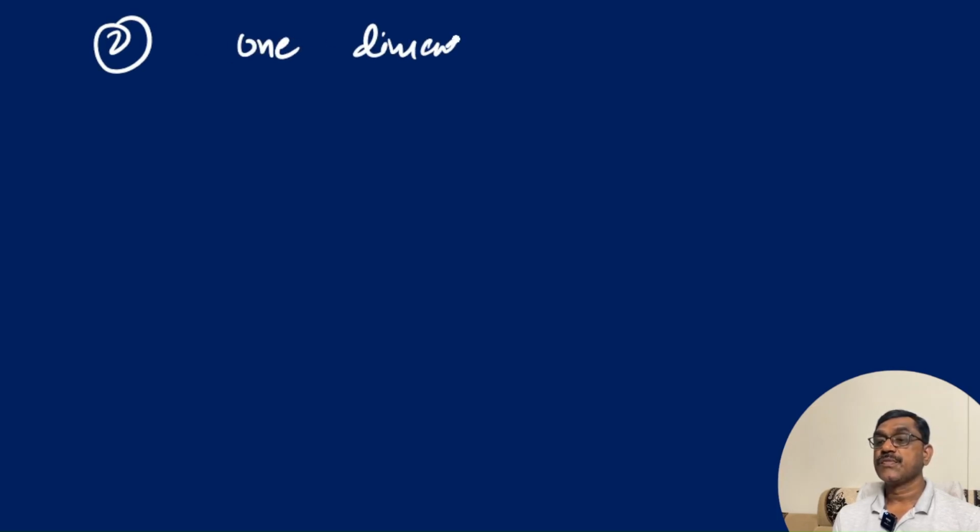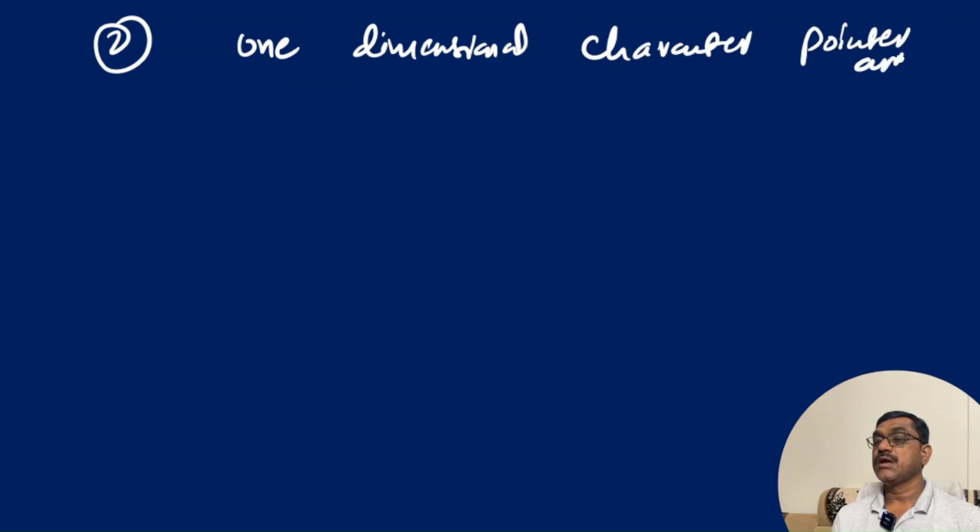Now, how to represent the same thing by using a one-dimensional character pointer array. So in this case, what we are going to do is char. I'm going to take some variable ptr, and here I'm taking only one dimension. Here there is no need to mention the size of the pointer array.